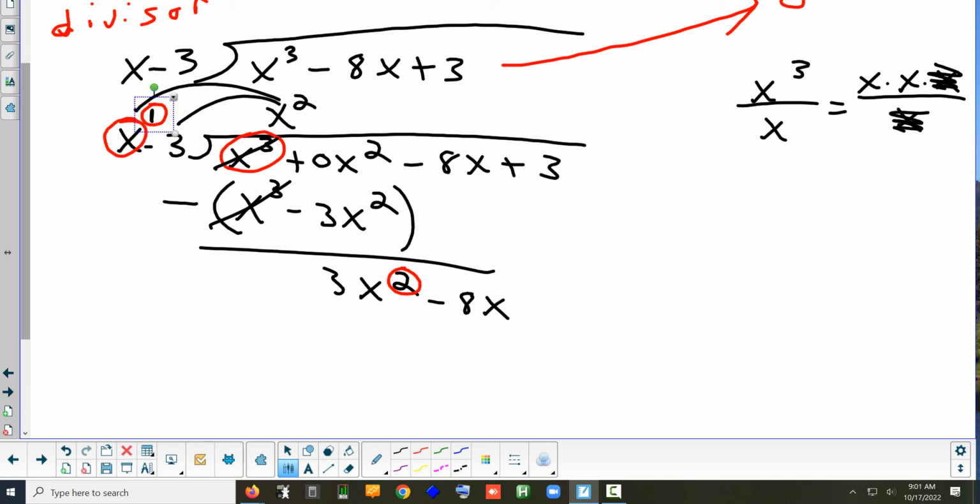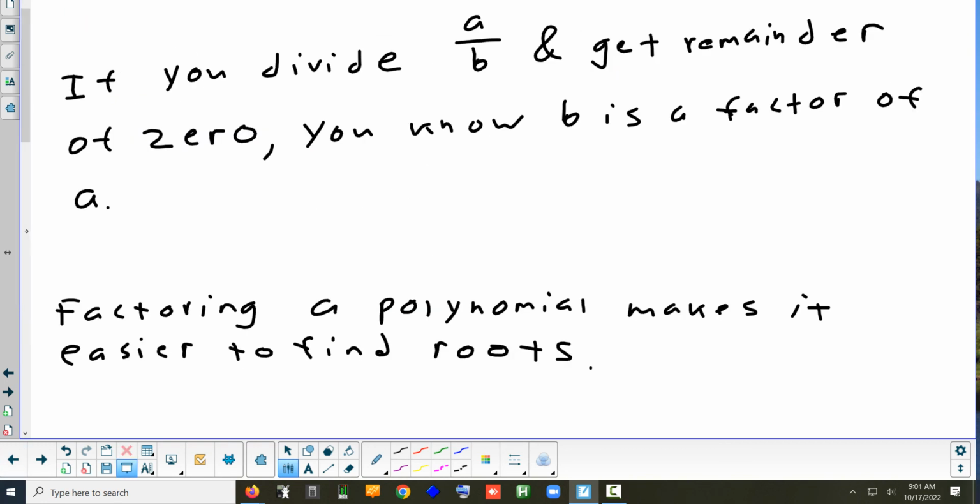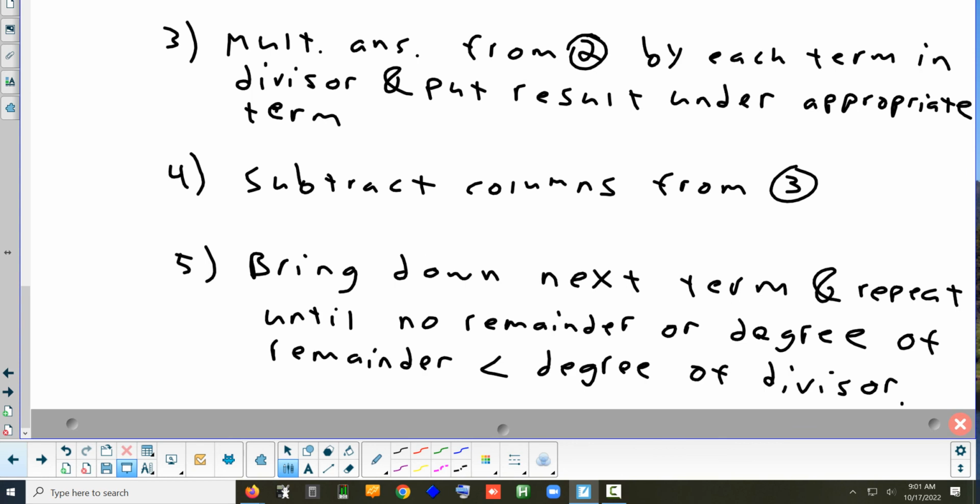If we do division again, this number is going to go down 1 more. So you know you're done when you either get a remainder of 0 or the exponent on the remainder is smaller than the exponent on the divisor, the degree. So keep going in this problem until that exponent on the inside is smaller than a 1.